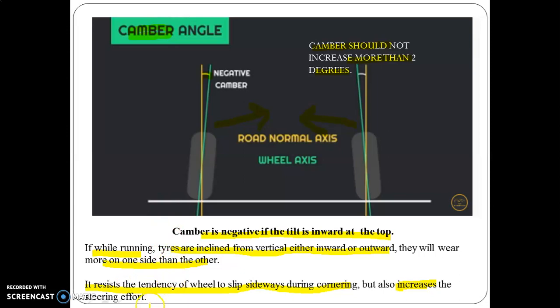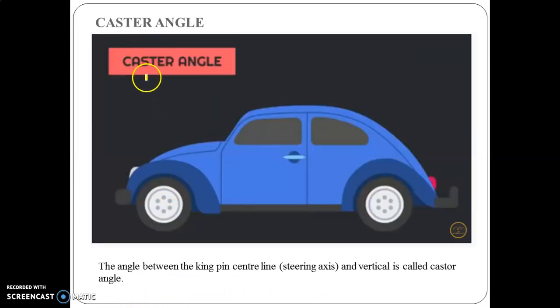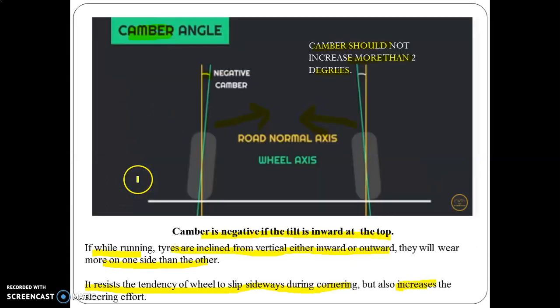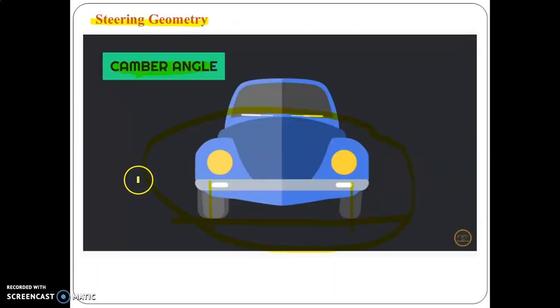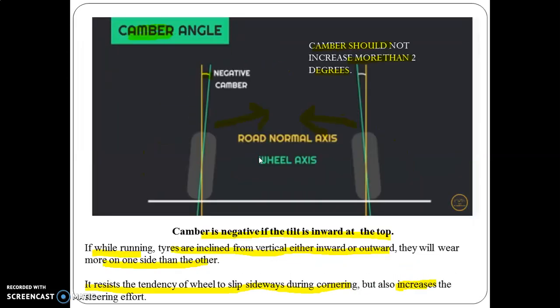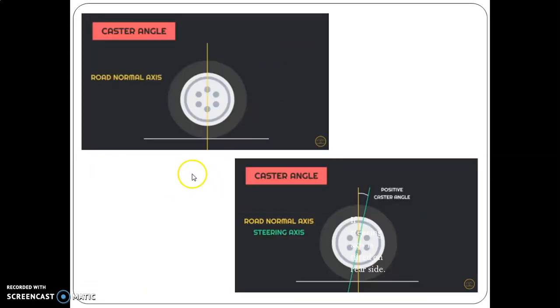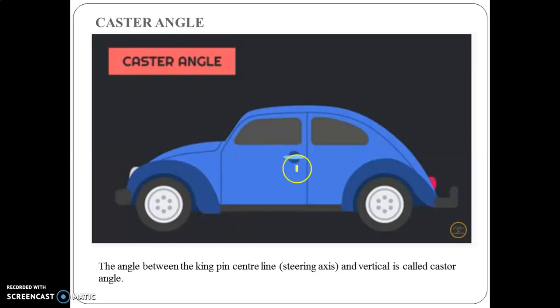Okay, now we will discuss the next point, that is caster angle. So this is also very important, like camber angle. In camber we discussed the positioning of the car from the front side, but in case of caster we'll see the car from the side view.